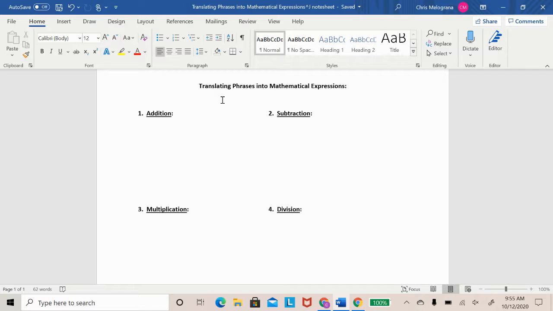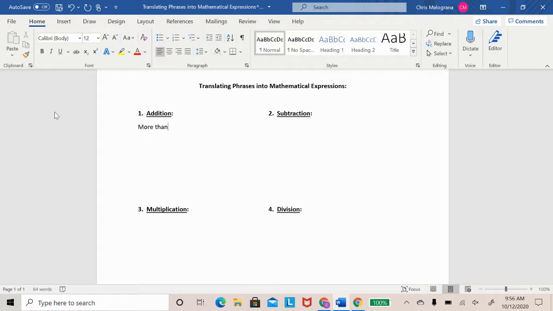And we're basically going to try to figure out, would those key phrases signify addition, subtraction, multiplication, or division? So I'm just going to type these in. Addition, some key phrases that we can use: if it ever says more than, right?